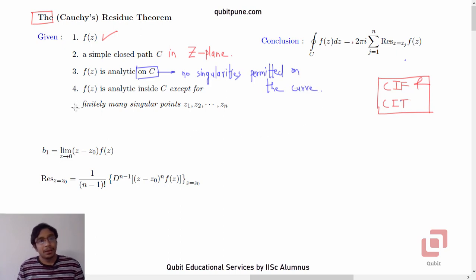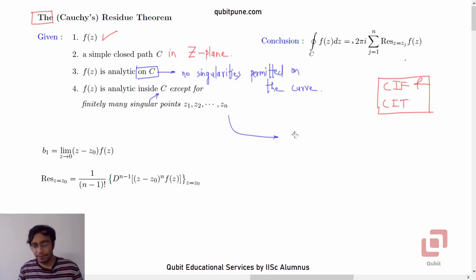Fourth, f of z is analytic inside C except for finitely many singular points z1, z2, and so on till zn. Now the fourth thing is important.